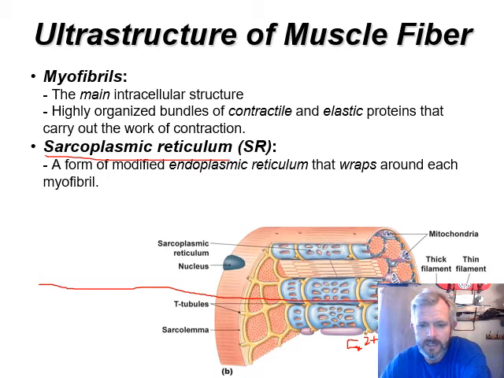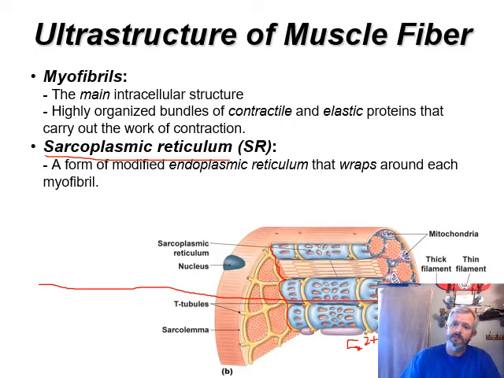And the other thing to notice on the slide is these little yellow structures. Okay? Because what we're going to see in our muscle is similar to our neuron in that the neuron can be excited and we can transduce an action potential down the plasma membrane. We can do the same with the muscle.